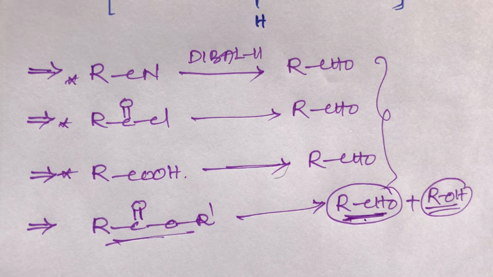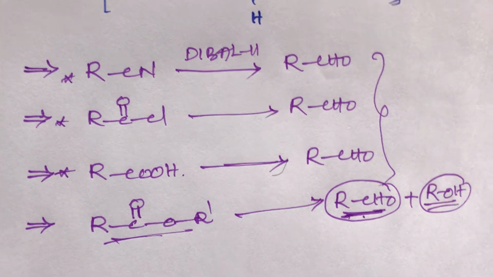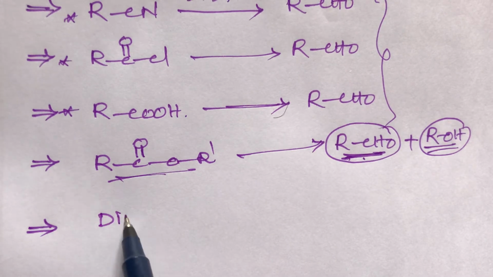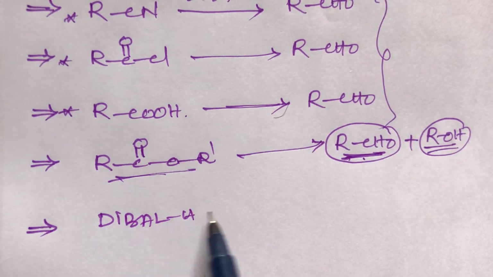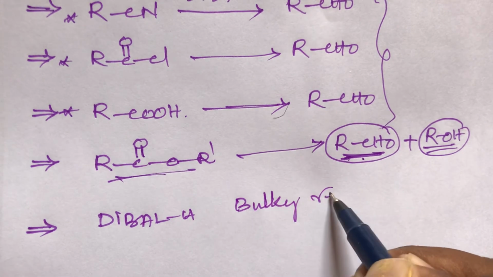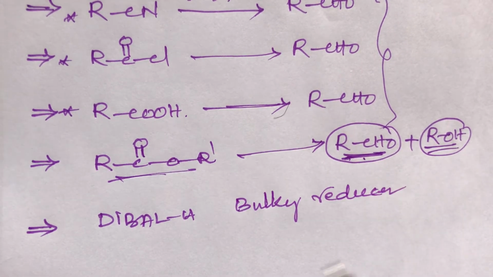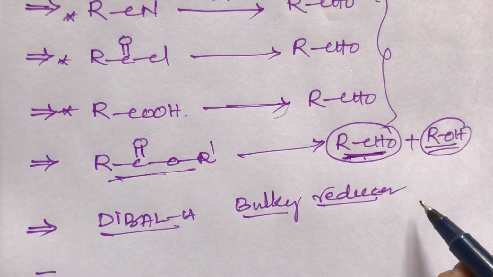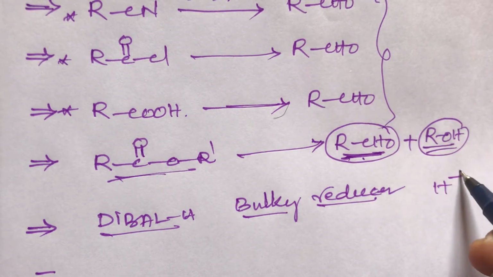This is very important, students. I am giving some points. Dibal is a bulky reducer. Why? Because its size is very big. Second point, it can provide hydride ion, H minus.